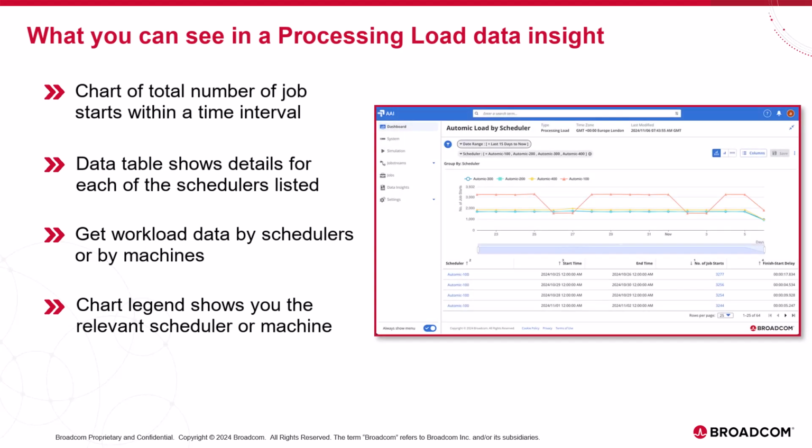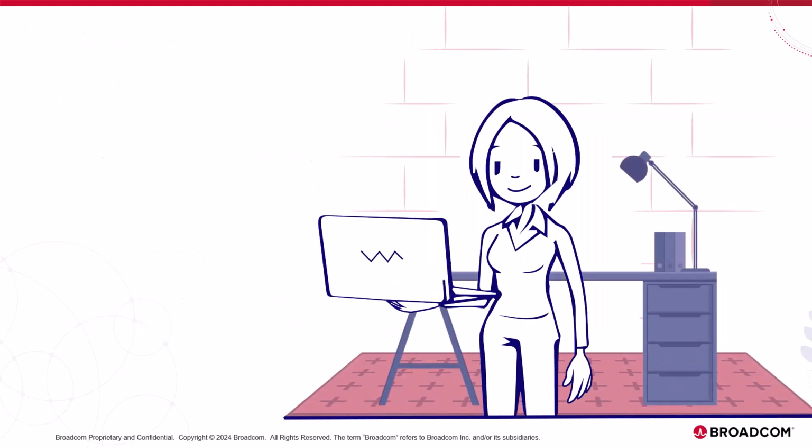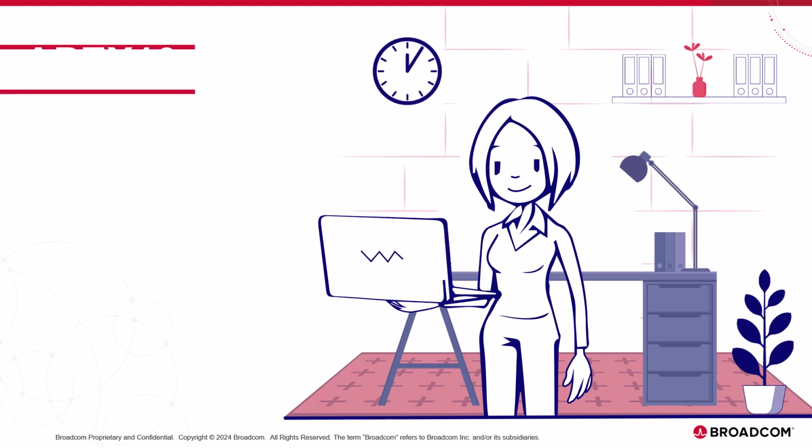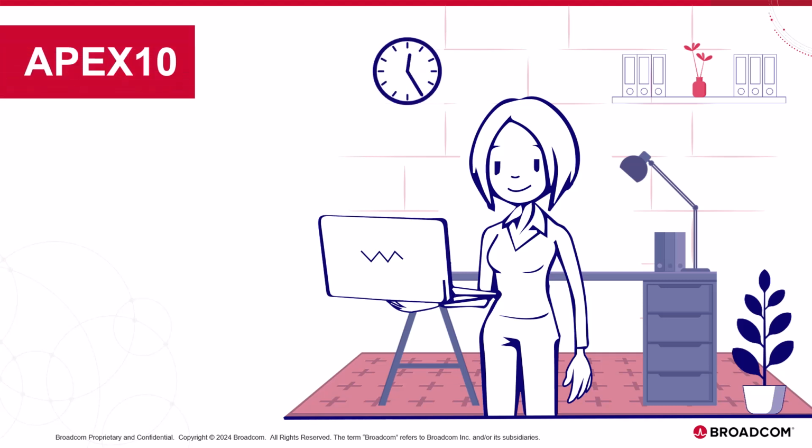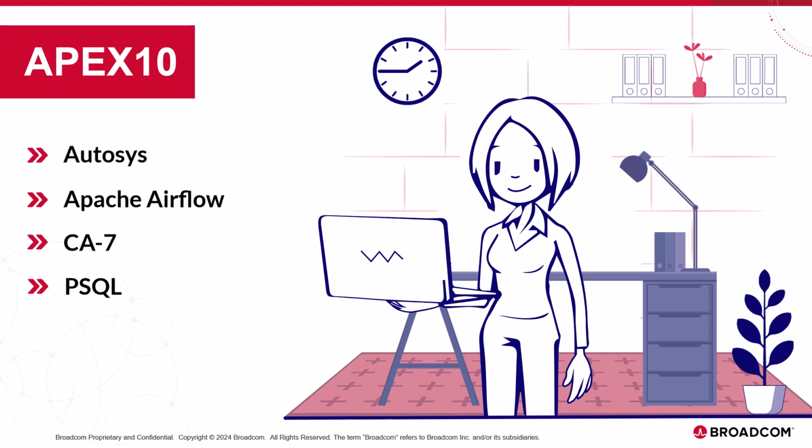Now let's see how automation administrators use the processing load data insight to monitor and manage their loads. Alex is an automation administrator at Apex 10, a fictitious global financial institution. She uses data insights in AAI to manage her automation workload across different schedulers.